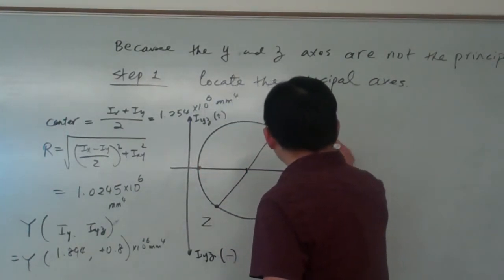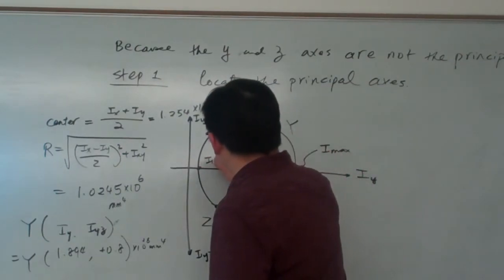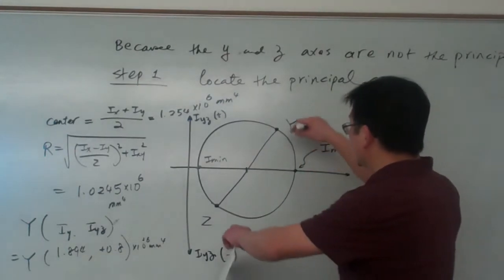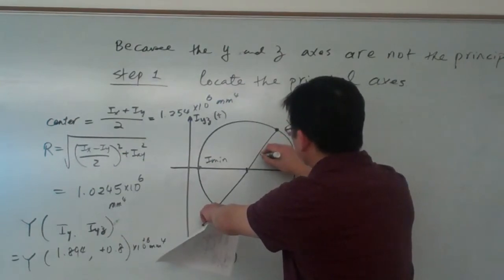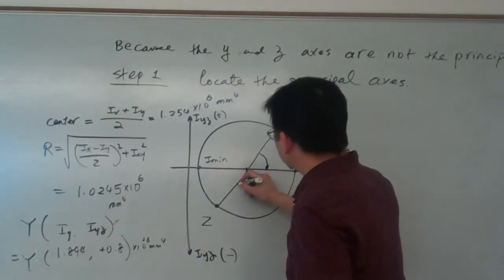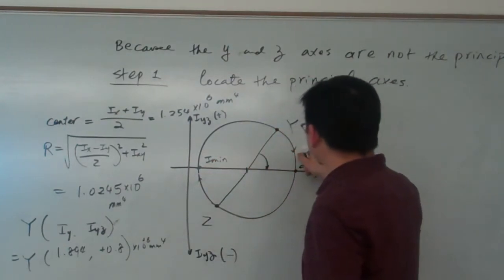Here is the I maximum, and this one is for the I minimum. So we can find the orientation. We simply rotate the 2 points, for example clockwise, to here. So that means Z will move to this point, Y will move to that point.